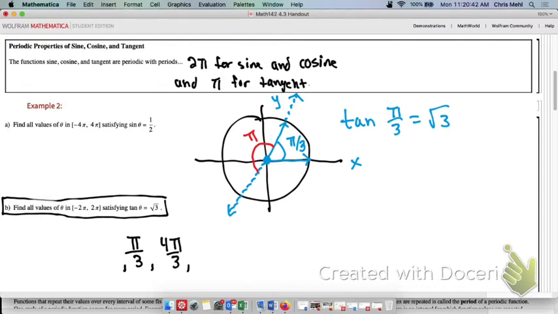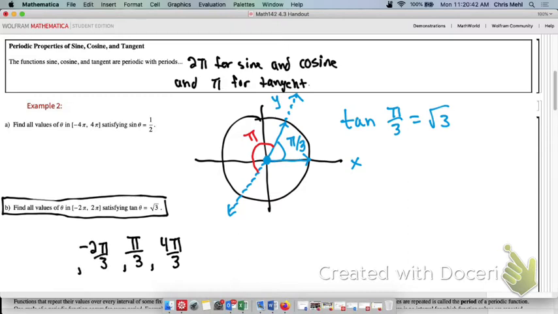You can add pi again to get 7 pi over 3, except 7 pi over 3 is actually larger than 2 pi. So the largest angle in negative 2 pi to 2 pi that gives you root 3 is 4 pi over 3. Now you can start subtracting pi from pi over 3. Pi over 3 minus pi, or pi over 3 minus 3 pi over 3, would be minus 2 pi over 3.